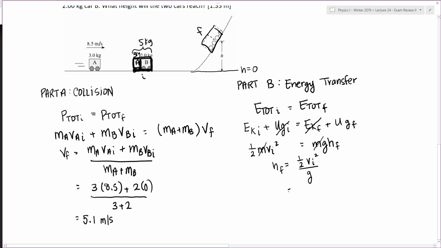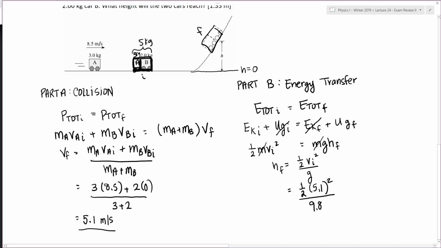And now I can plug in everything I know. 1/2, and my v initial is the velocity after the collision, which is what we found in part A. So that's 5.1 squared. And my g, since I'm close to the surface of the Earth, is just 9.8.